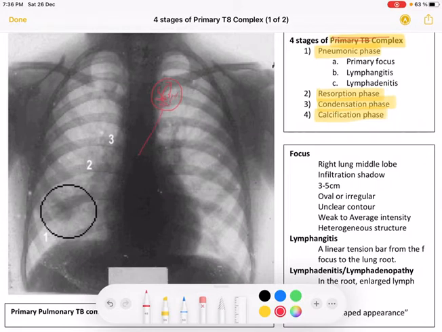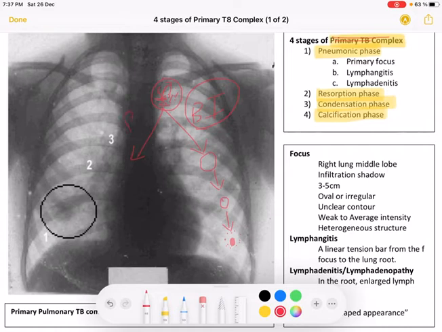There are two clinical scenarios. Number one, if the body immunity is quite enough to fight against the bacteria, then this focus starts to decrease and dissolve, and finally it forms a calcified mass around fibrotic tissue.